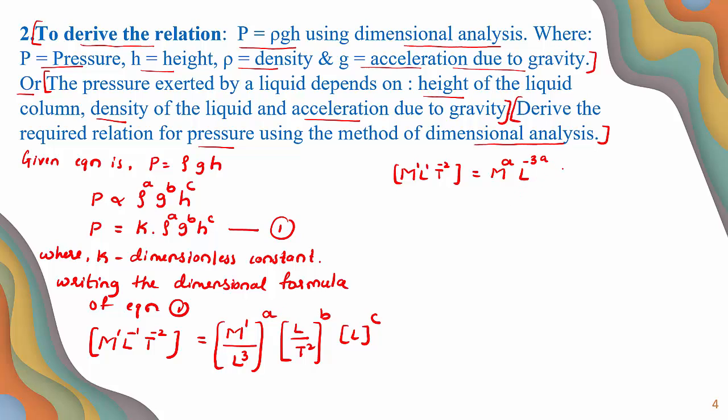Then here L raised to B, T raised to minus 2B.